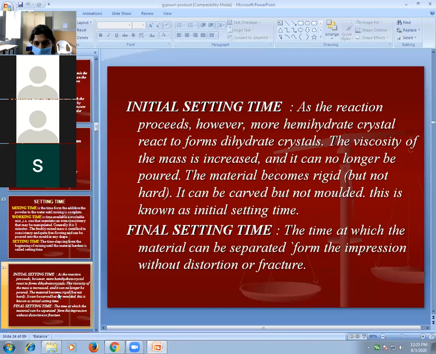It becomes rigid but not that rigid, so we can carve that particular thing. This is called initial setting time. And in final setting time, the material can be separated from the impression without distortion or fracture. This is final setting time.